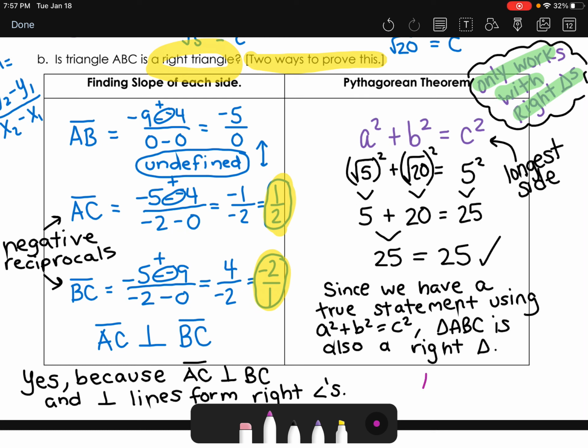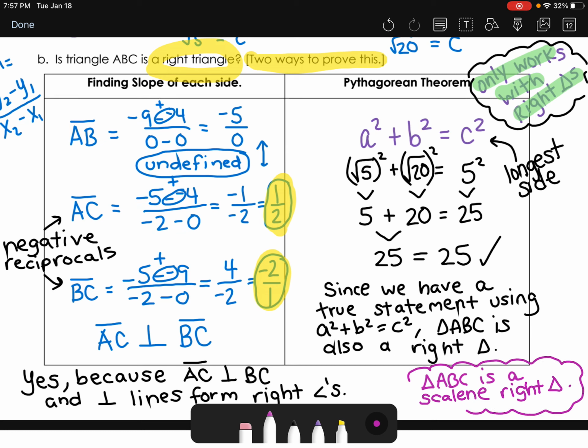So ultimately, guys, triangle ABC is a right scalene, or actually what sounds better, right scalene or scalene right triangle? I think scalene first sounds a little bit better, but you could change it, it doesn't matter. It's a scalene right triangle.